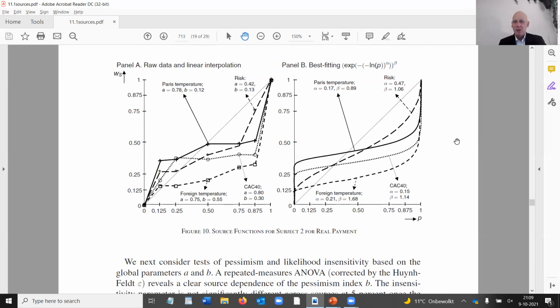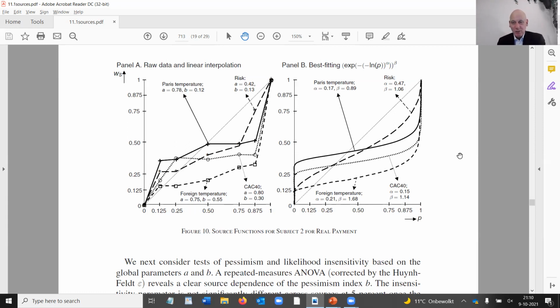For instance, if you compare with foreign temperature, the person quite dislikes foreign temperature, dislikes it much more than this stock index, but has better understanding. There's more steepness. So in the cognitive sense, this person understands better what happens with foreign temperature than what happens with the CAC 40 index. So in that sense, the curves show you something about understanding and maybe intelligence, if you want to interpret it that way, of people. And that can be different for different sources of uncertainty, as surely happens for this subject.